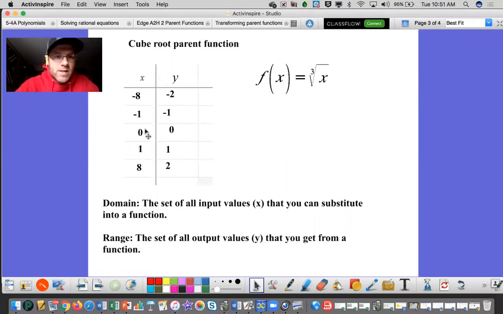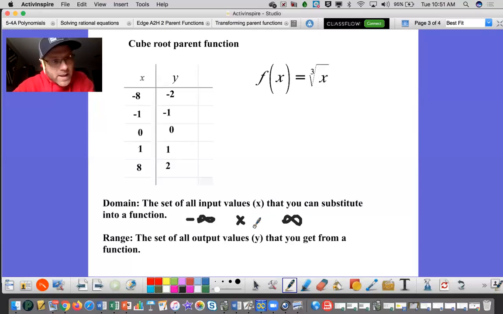Now, what this means is I can really substitute any number I'd like into my domain value, into my x. So the way that Edgenuity writes it is they say that the x's can be anywhere from negative infinity to infinity.